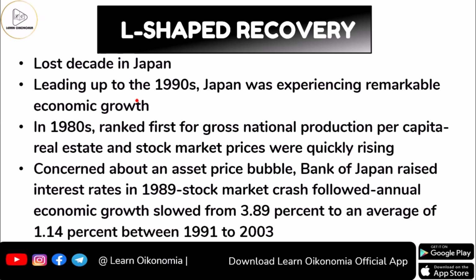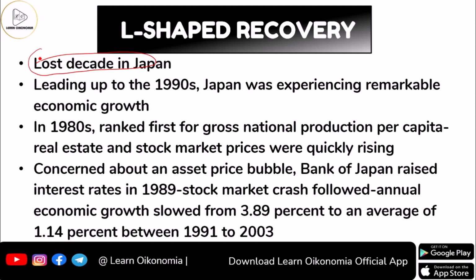Now let me give you an example of L-shaped recovery. This was something that happened in Japan, and this was something that you can consider as the lost decade in Japan. So what we could see is that leading up to the 1990s, during this phase, the Japanese economy was experiencing remarkable economic growth.